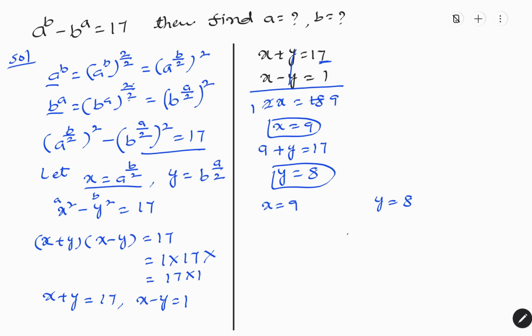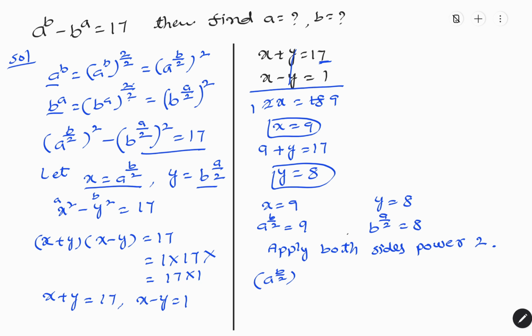Here in place of x we substitute, a power b by 2 is equal to 9. In place of y we take the value, b to the power of a by 2 is equal to 8. Apply power 2 on both sides. Then a power b by 2 whole square is equal to 9 square.